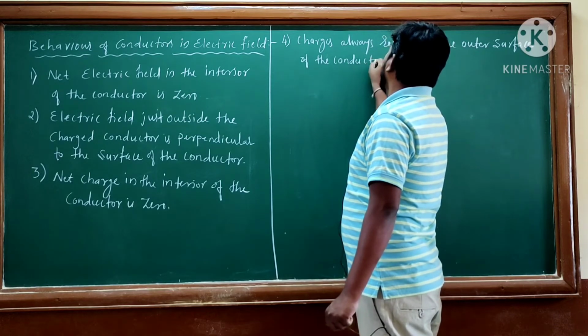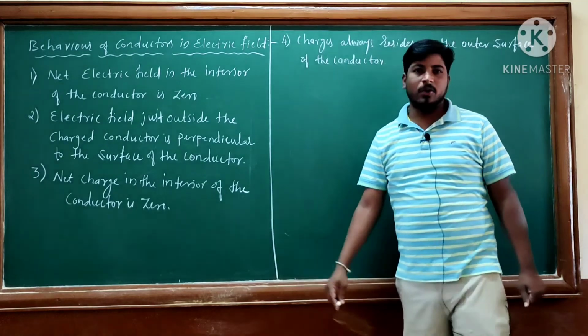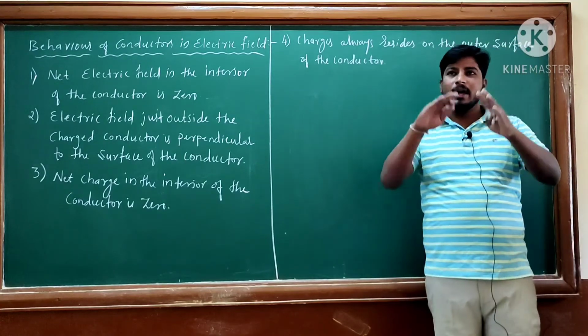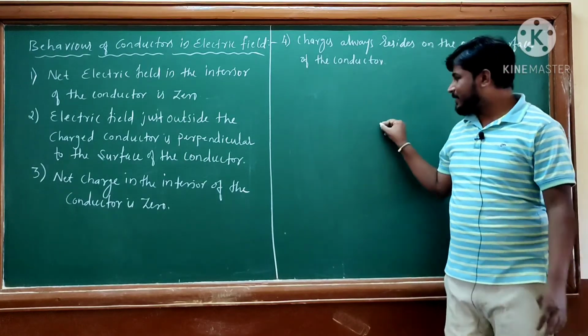Outer surface of the conductor. Charges always reside on the, reside means what? They are kept on the surface.